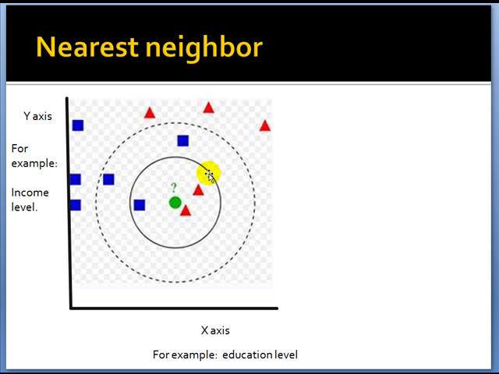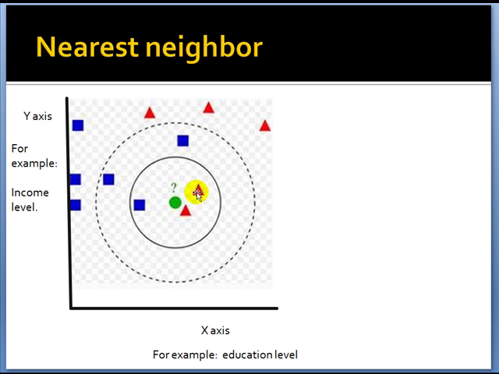That defines a neighborhood around the green dot. Then within that neighborhood we ask what are the nearest neighbors, and that can help us decide how to classify this green one.